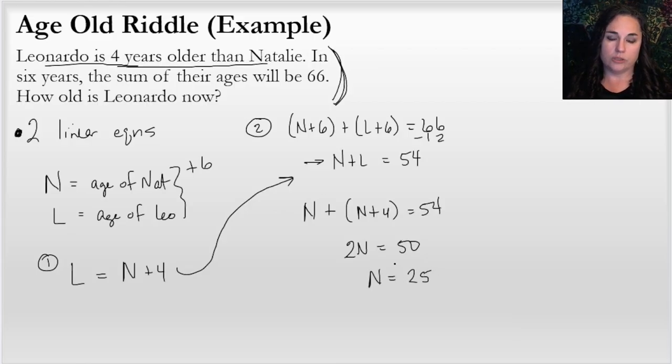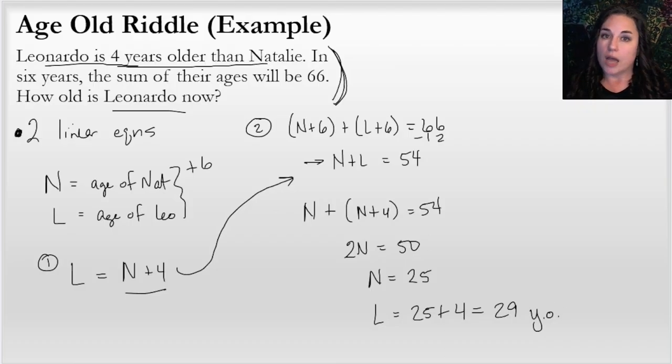That's how you do that. If Natalie's age is 25, that means Leo has to be 4 years older than Natalie. 25 plus 4 is 29. And it says, how old is Leo now? Leo is 29 years old.